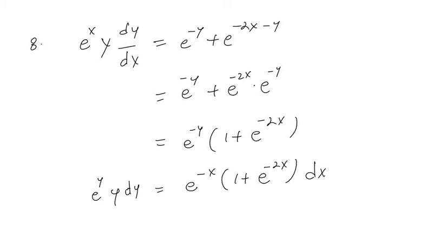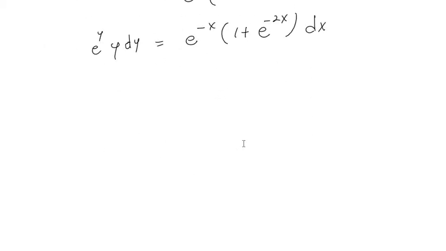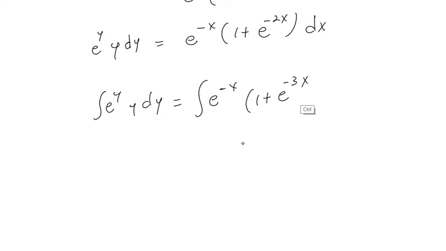I have separated the terms, and now I just need to apply integrals on both sides. So integral of e raised to power y dy, and integral of e raised to power minus x, 1 plus e raised to power minus 2x, and dx.